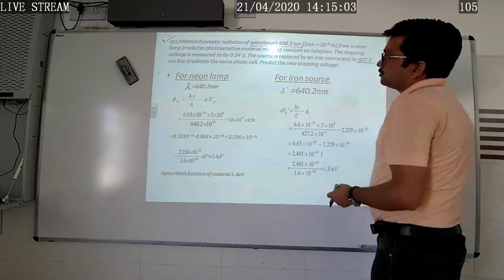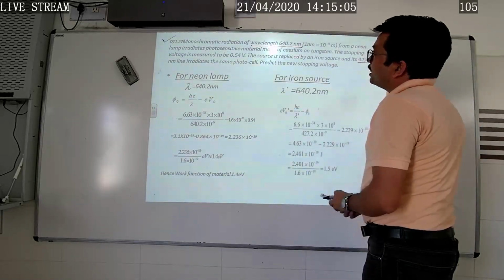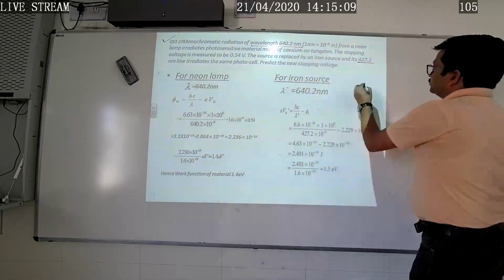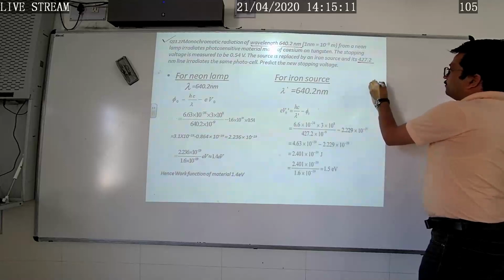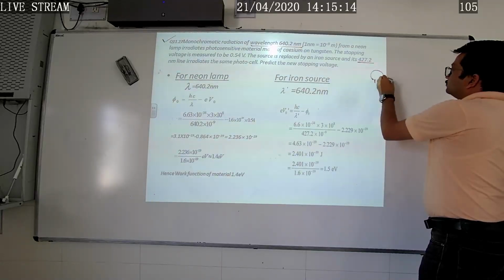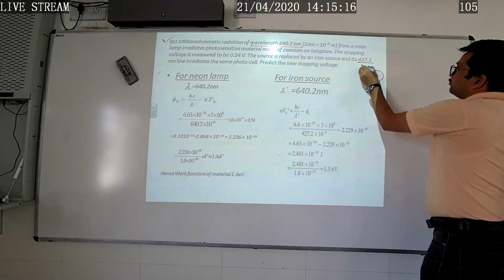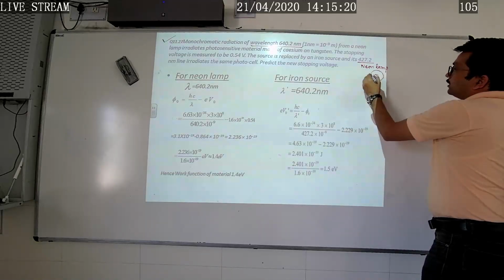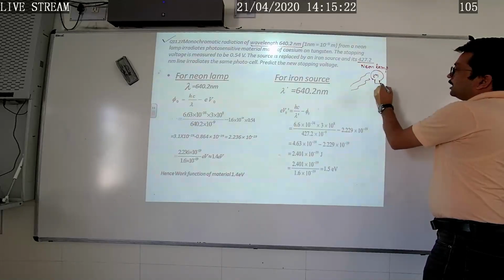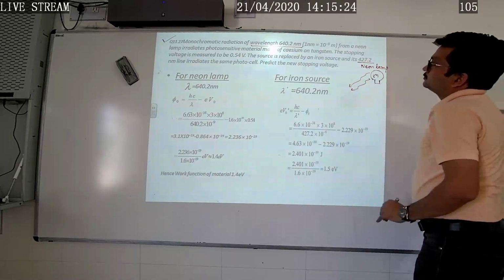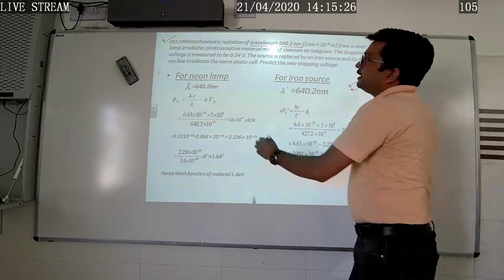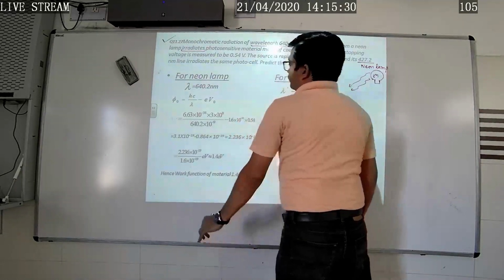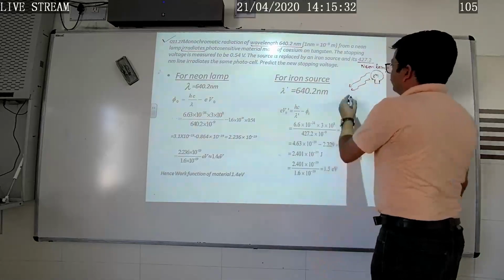Line radiates the same photocell; predict the new stopping potential. So here, first of all, we are looking at the neon lamp. Monochromatic radiation of this wavelength comes from the neon lamp. Suppose this is our neon lamp. Irradiate means to shine on, to fall on something. It illuminates the photosensitive material.